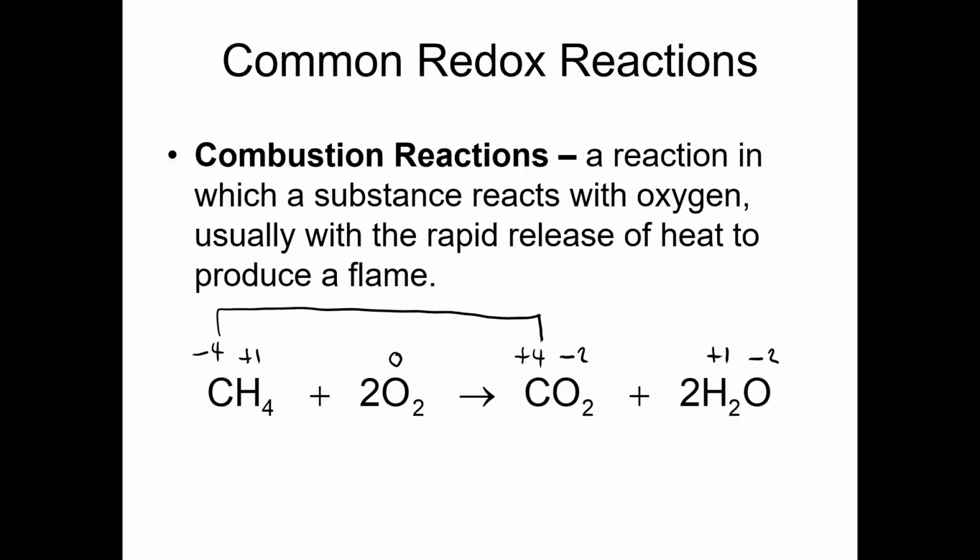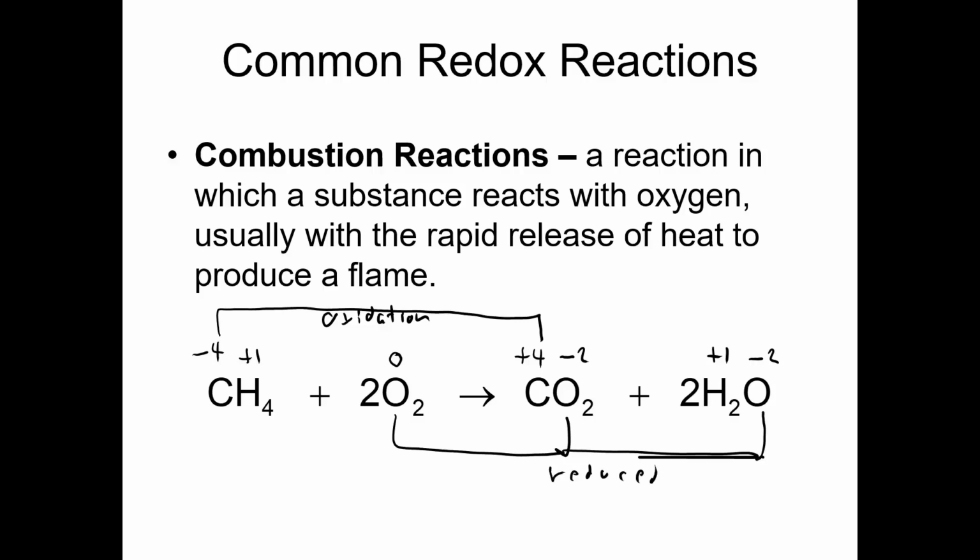We have oxidation, and I should just write ox. And where's the reduction taking place? Well, that's from oxygen. See, the oxygen goes from 0 to -2, and from 0 to -2 in both of the products here. So it is oxygen that's being reduced, right?